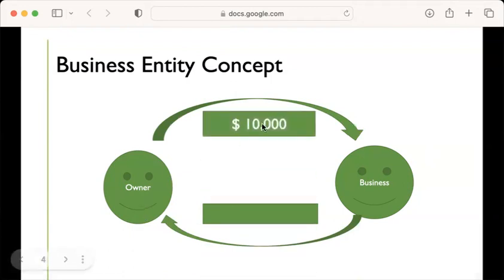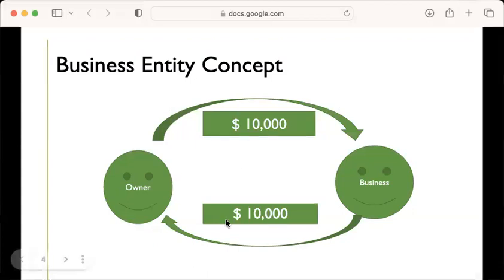For example, let's say the owner invests 10,000. That means the business receives 10,000 from the owner, and at the same time, the moment the owner invests 10,000 into the business, at that same moment, the business becomes liable to the owner for that 10,000 pounds.